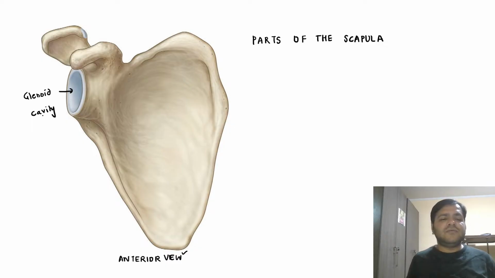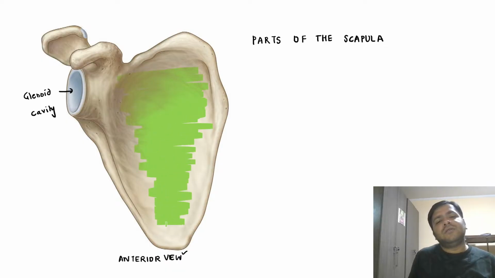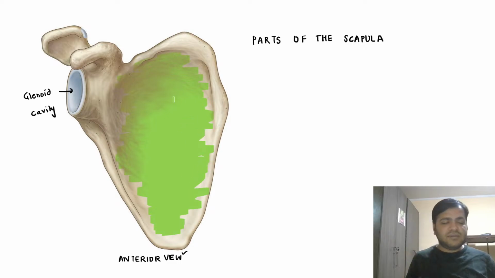Now, in the anterior view, guys, there is one surface over here. This is called the anterior surface. The area will be large. Firstly, you have to remember that there are two surfaces.